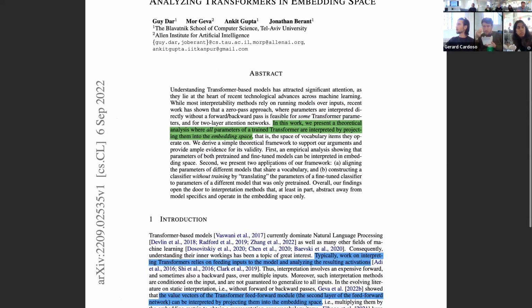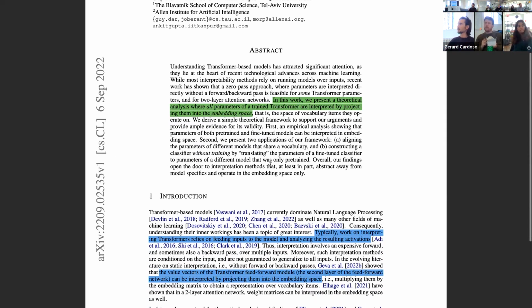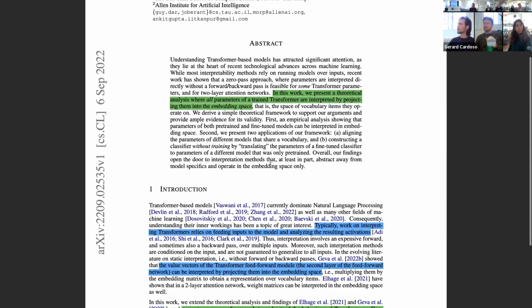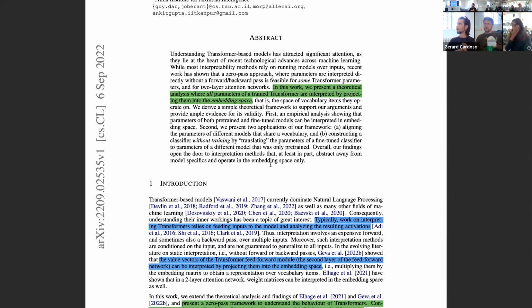So as I mentioned, the whole purpose of this paper is to project all of the parameters from transformer models into the embedding space, which is the space that maps all of the vocabulary items for all of your text. So what do they actually do in this paper? They derive a framework of how to do it, which we'll talk through. Then as a result of doing that, they can do a few things that I think are really cool.